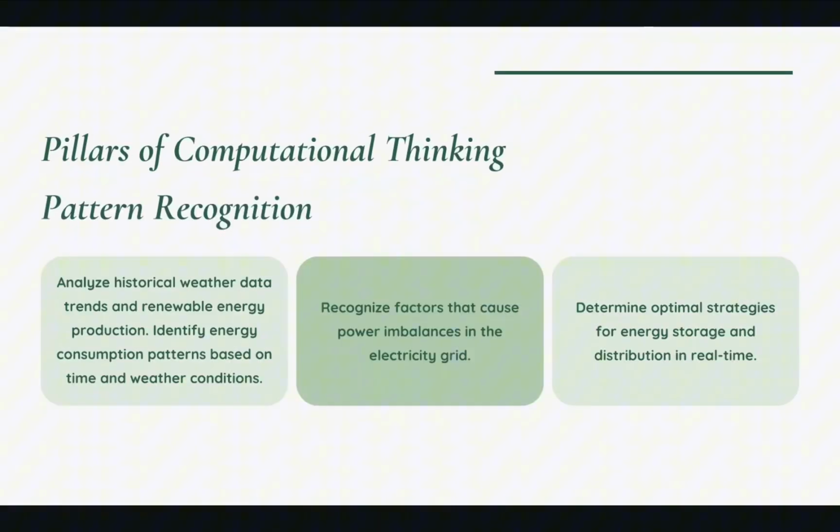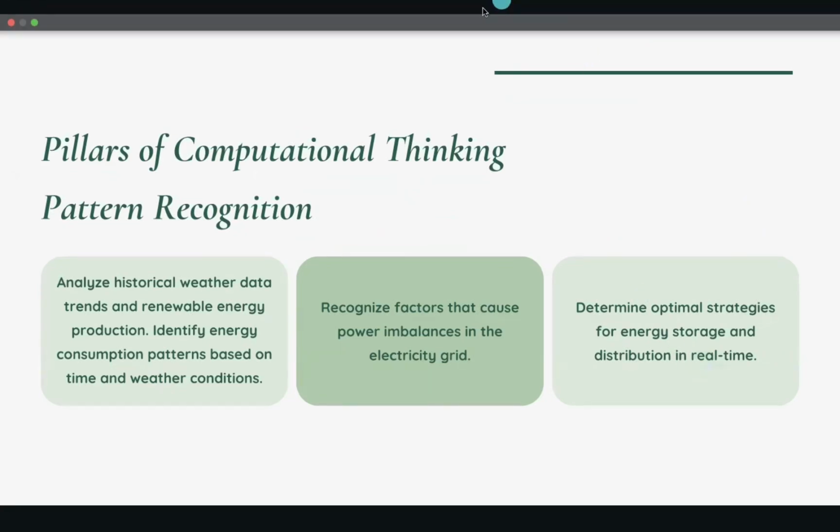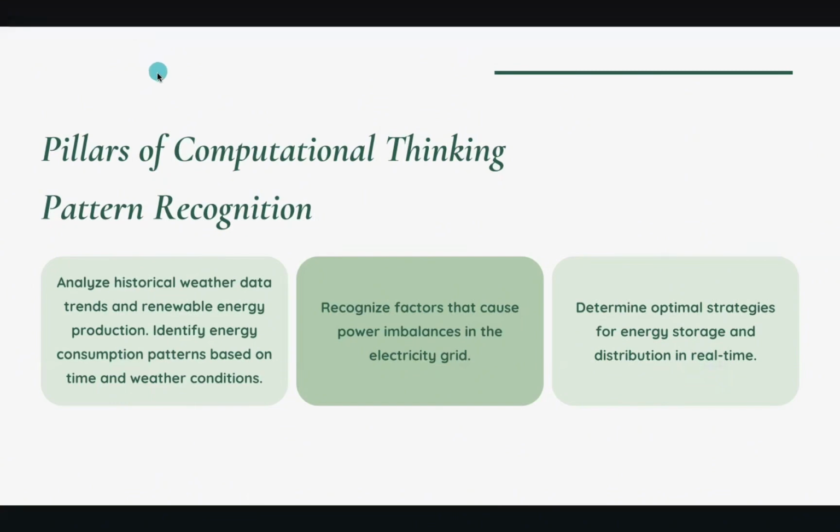It's Mutia Kintar, and I'd like to explain about the pillars of computational thinking, firstly, pattern recognition. Now the second pillar of computational thinking is pattern recognition, which focuses on identifying trends and regularities that can help solve problems.